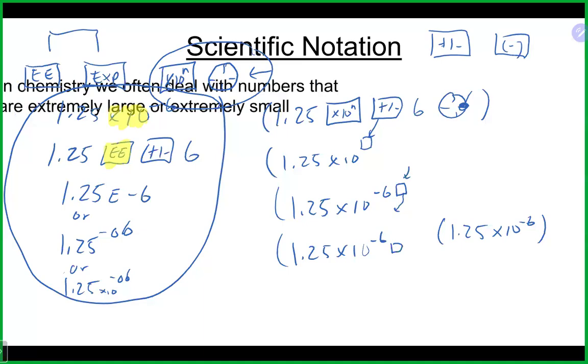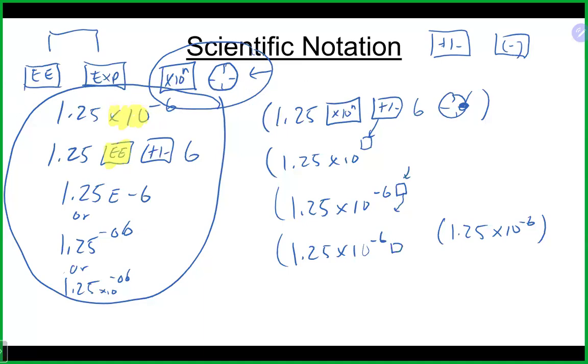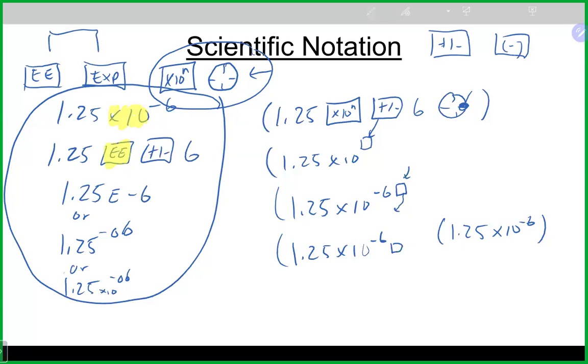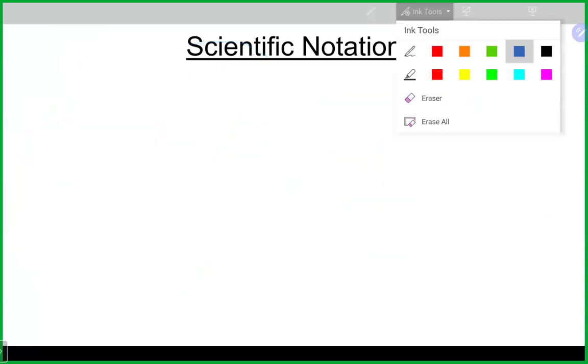So let's try a couple here just to make sure everybody can figure out how to do it. Let's erase that. So why don't we take 2 times 10 to the minus 5. Let's divide it by 4.22 times 10 to the 6.